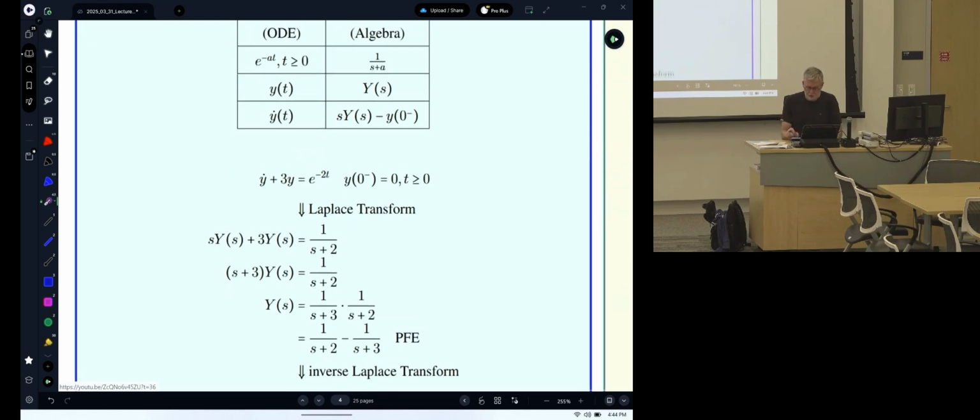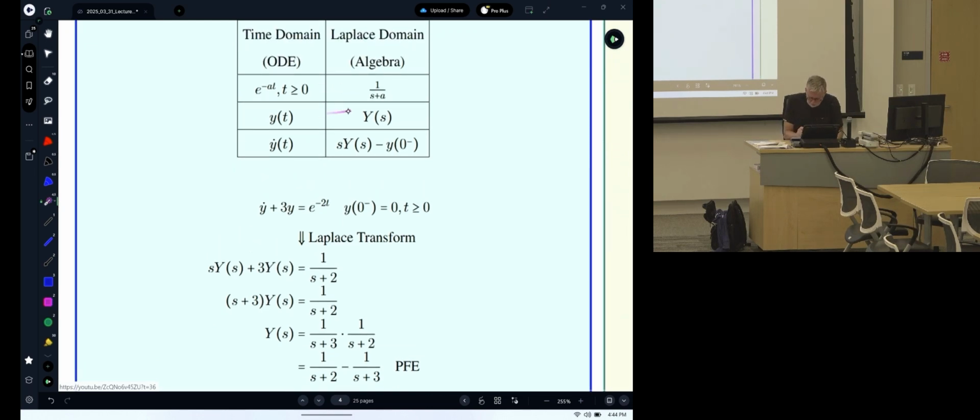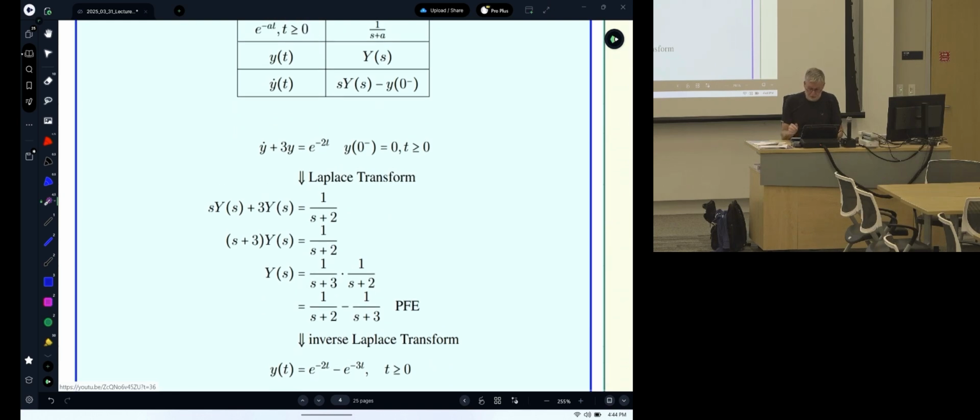And what I want to show is that once we establish these types of relationships, solving a differential equation becomes pretty straightforward. If this is 0, y dot is just s times the Laplace transform of y. This is 3 times the Laplace transform of y. It's going to be an integral, and 3 times an integral is just the thing.